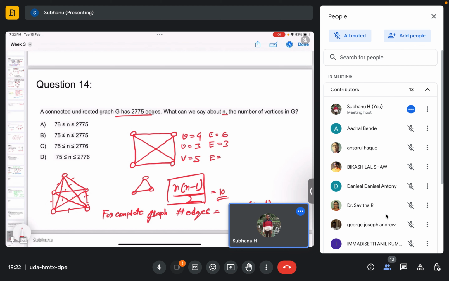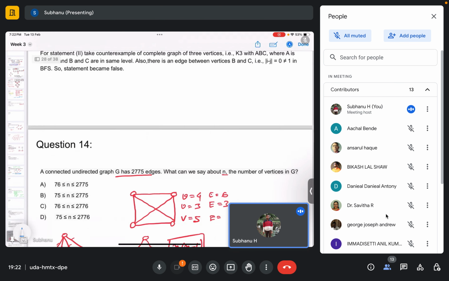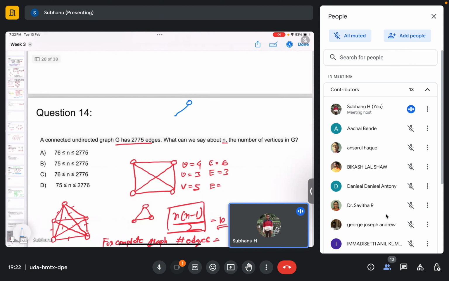Okay, and you know about the tree. If a tree has three child nodes, it has three edges, 4 nodes with 3 edges.